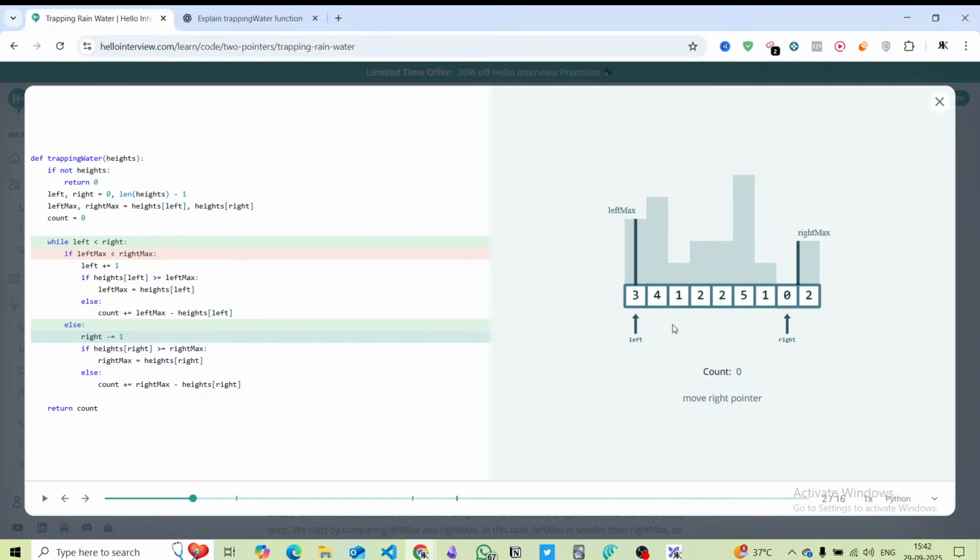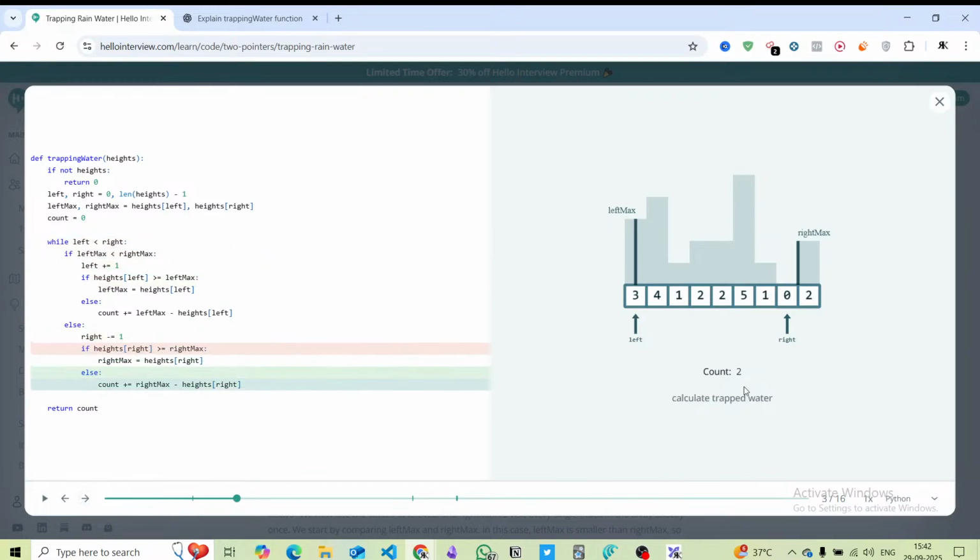So if it's greater, we just update the right max. Here in this scenario, it's not greater. So we just add it to the count. So I think the count will be right max 2 minus 0. The answer is 2, right? So count will be 2.